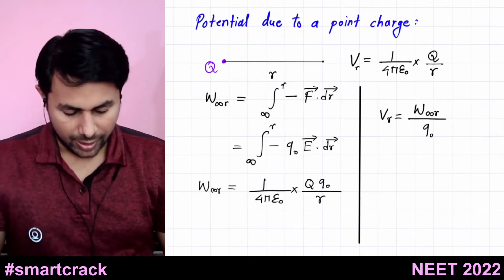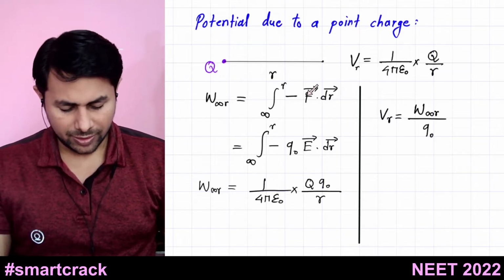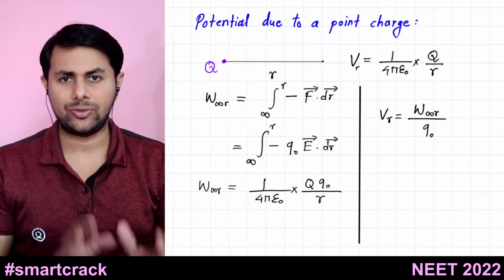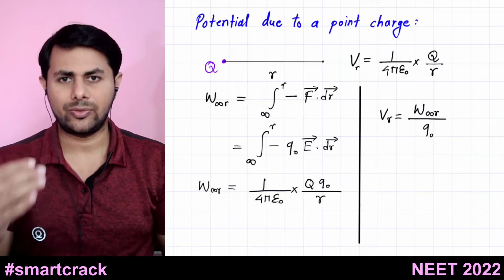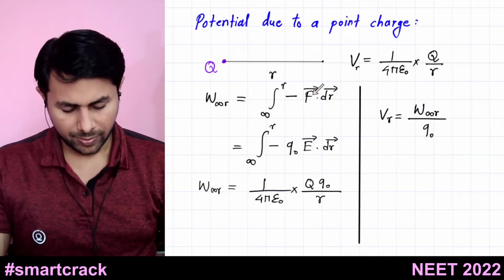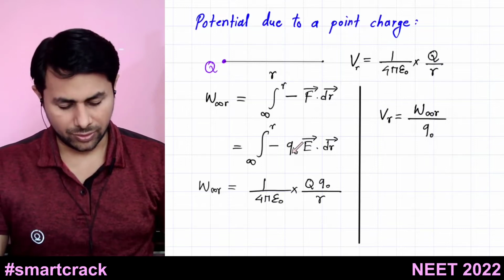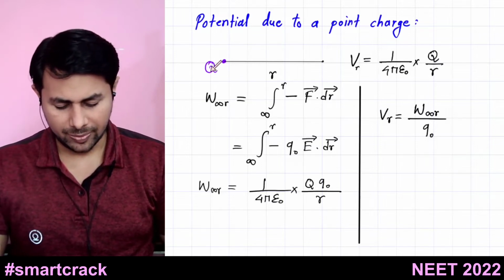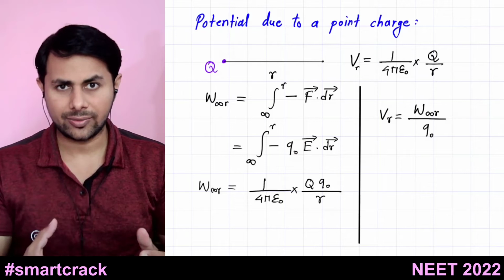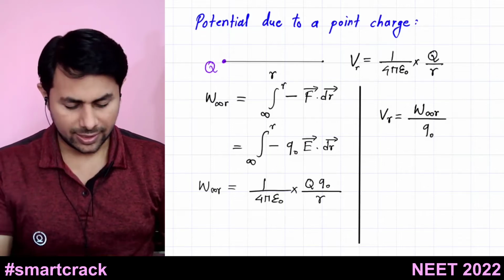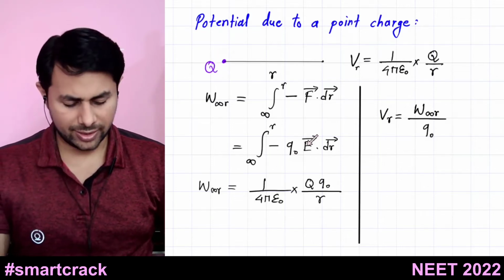If you substitute F equal to Q into E, because E is force per unit charge, then force is equal to Q naught, the charge that you are bringing, multiplied by E, the electric field at the position of that charge due to this charge.